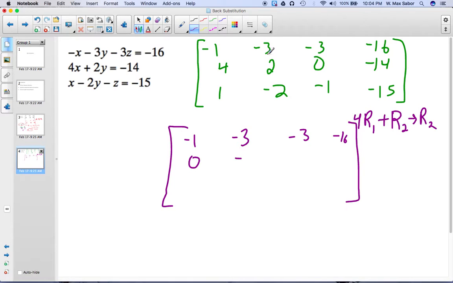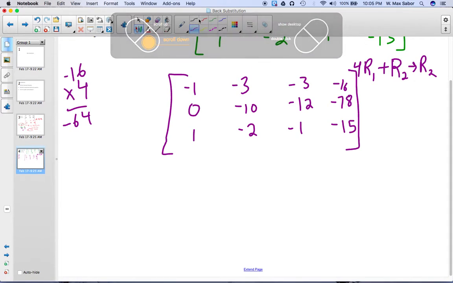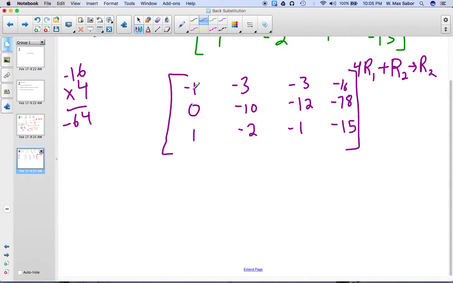4 times -3 is -12, plus that is -10. That's going to be -12. Oh, 4 times -16 is -64. Add -14 to that, and that becomes -78. Now we want to add row 1 to row 3.